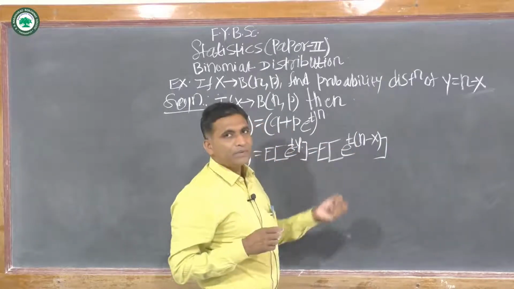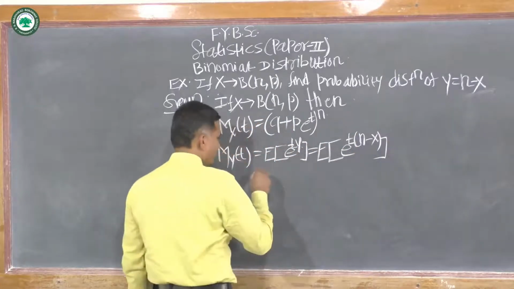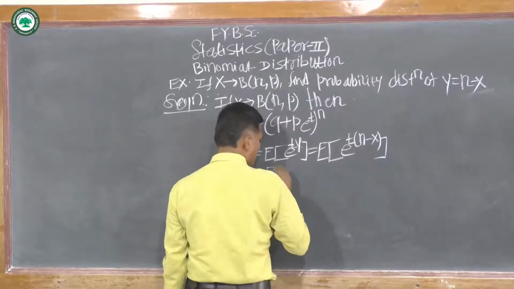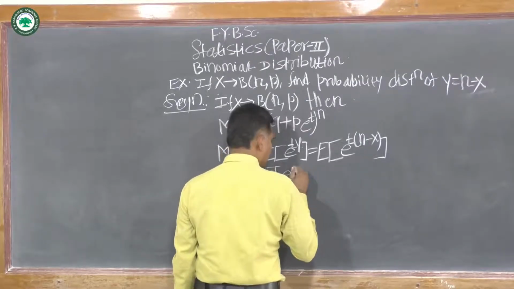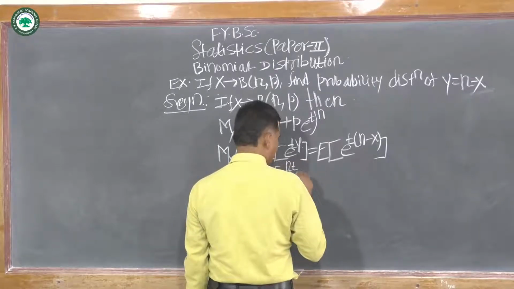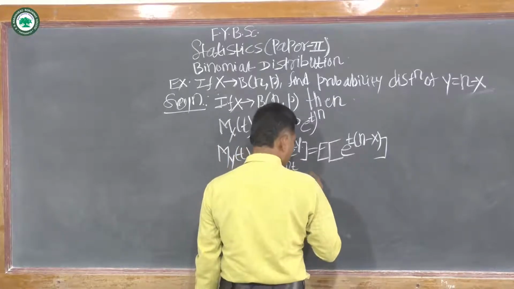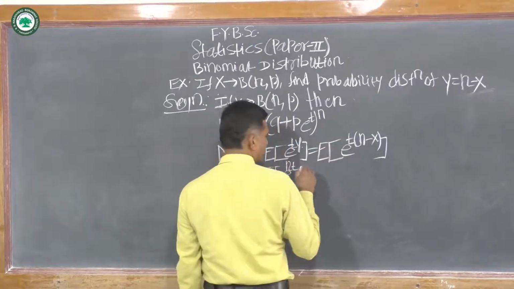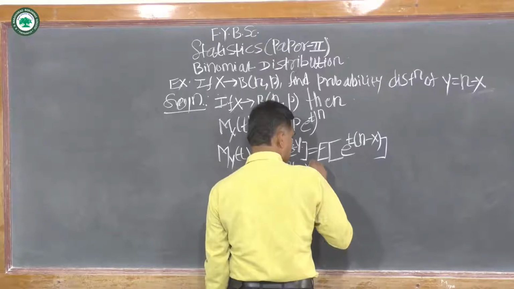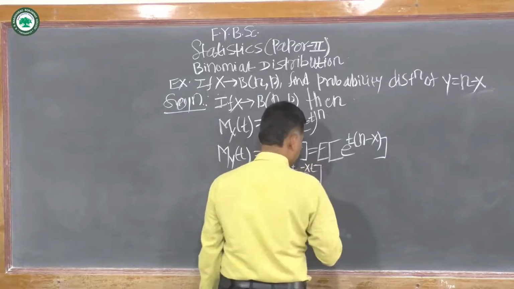Y is equal to n minus X, therefore it is equal to expectation of e raised to n t into e raised to minus X t.